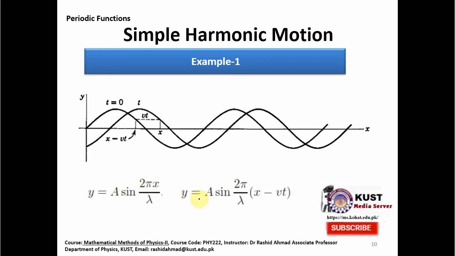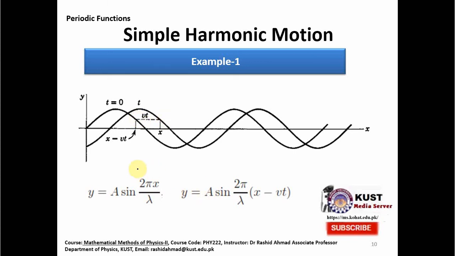This y and this y are just the same at x minus vt and at x. So at this x, the value of y, and at x minus vt, the value of y are just the same. From the graph, you can see that the value of y is the same at the position x minus vt and at x.